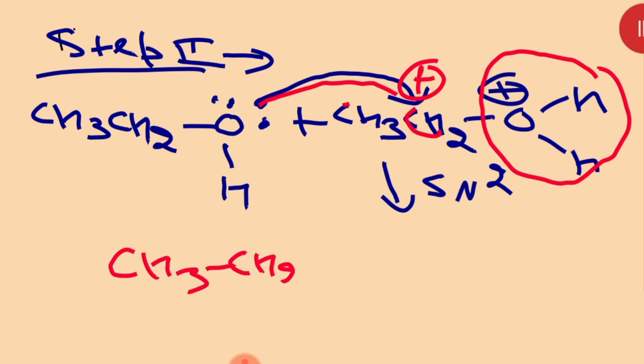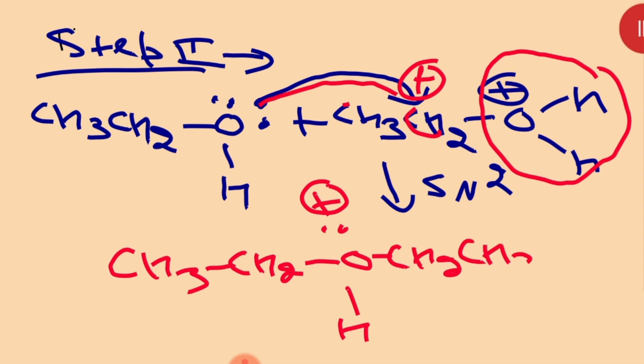CH3CH2, then OH, then positive charge, and then CH2CH3 plus H2O. Okay, that is called oxonium ion. What do you call it? Oxonium ion. Why do we say oxonium ion? Because on the oxygen there is a positive charge.